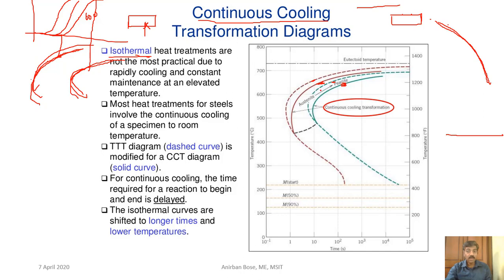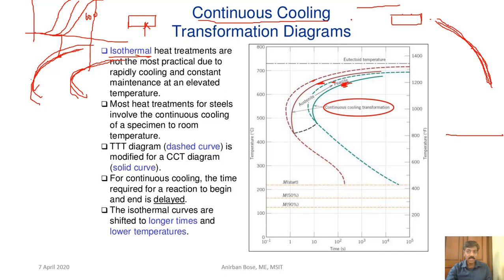Okay, and why in continuous cooling curves the starting is late and finishing is late, that you can understand, since the temperature is gradually decreasing, the starting will be late, but by the time the transformation completes, the temperature is quite low, so it is possible that the transformation will take place at a later time.